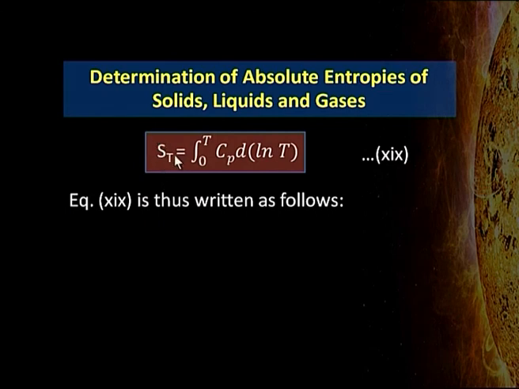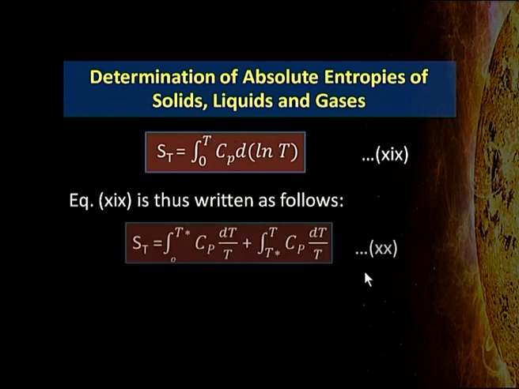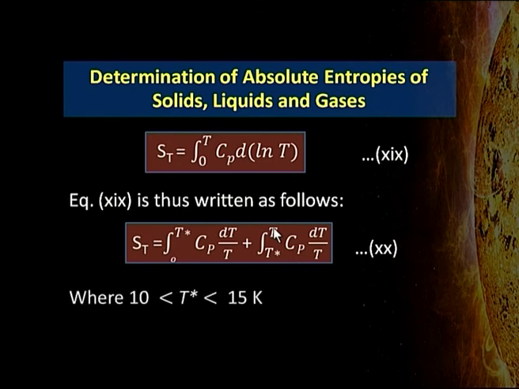S_T is equal to the integral of Cp d natural log T within the limits 0 and T. This is equation number 19, and equation 19 can now be written as S_T equal to the integral of Cp by T dT within the limits 0 and T star, plus the integral of Cp by T dT within the limits T star and T. This is equation number 20.